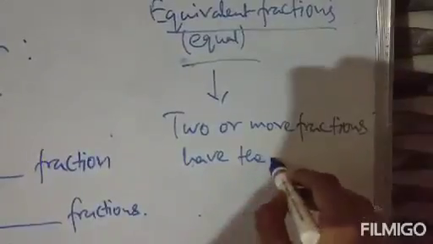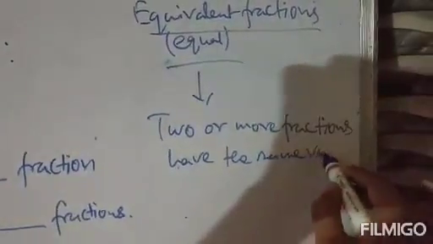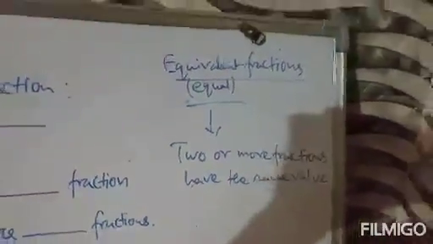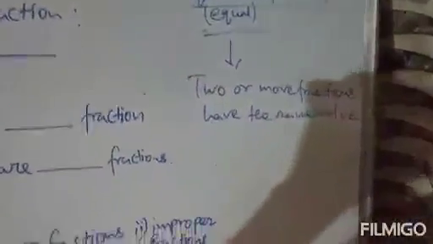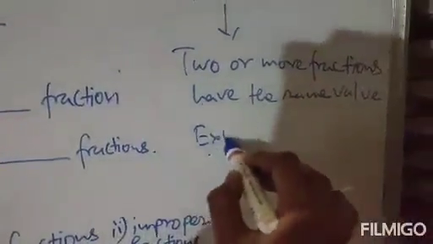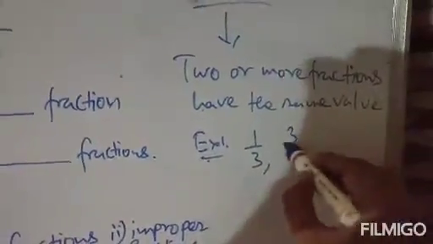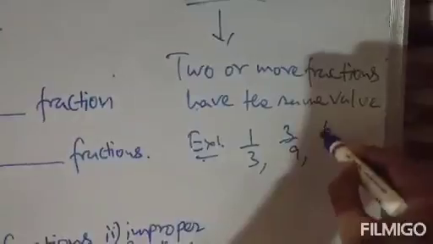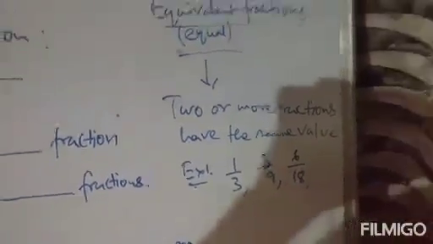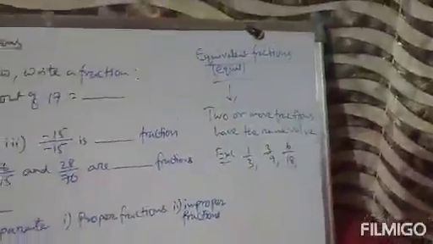For example, suppose 1 by 3, 3 by 9, 6 by 18. These three are equivalent fractions or equal fractions.